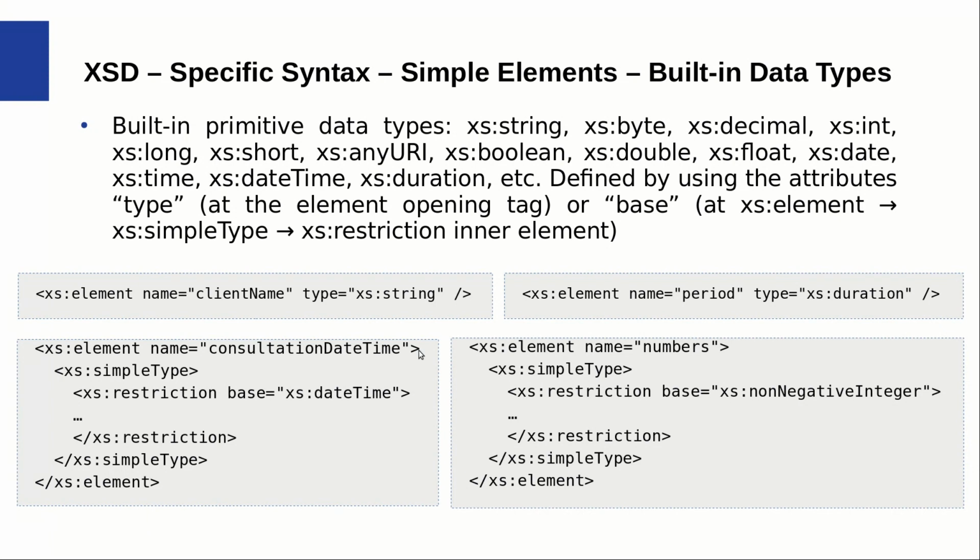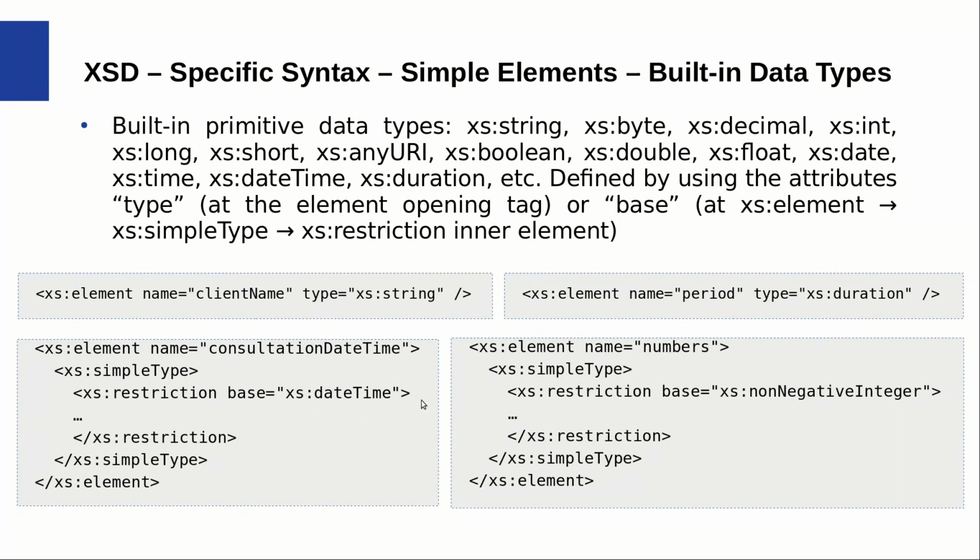Instead of setting the type right inside the element opening tag next to the name of the element, we nest a simpleType element inside the element, and we also nest another element, xs:restriction, inside the xs:simpleType, and use at the restriction element the base attribute for setting the type as the built-in dateTime from W3C.